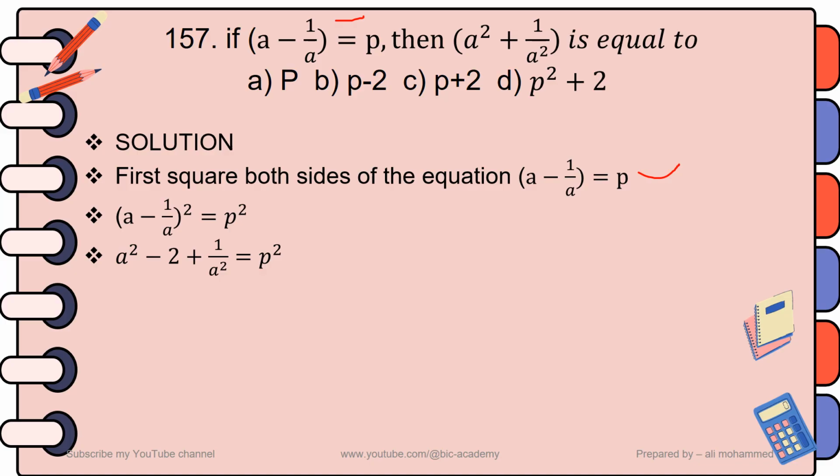Then it is equal to a squared minus 2 plus 1 over a squared, which is equal to p squared. Now rearrange or take minus 2 to the right side of the equation and it becomes plus 2. a squared plus 1 over a squared is equal to p squared plus 2. So the value for a squared plus 1 over a squared is p squared plus 2. And your answer for this question is choice D.